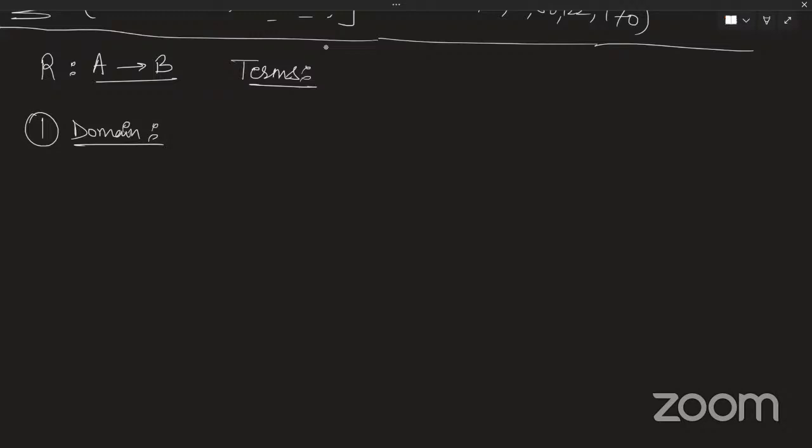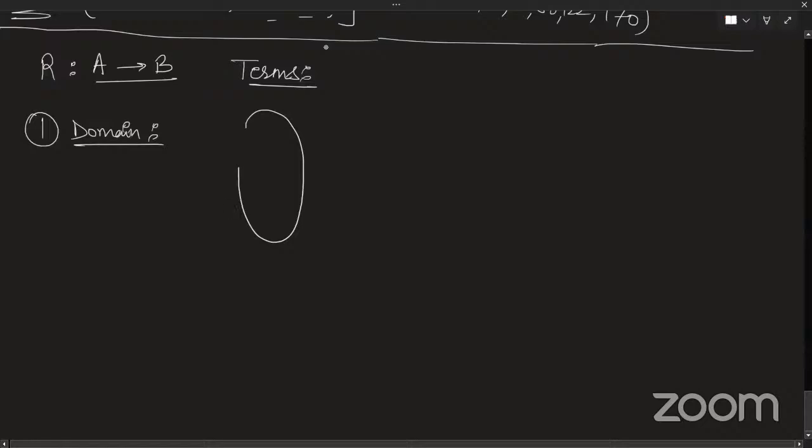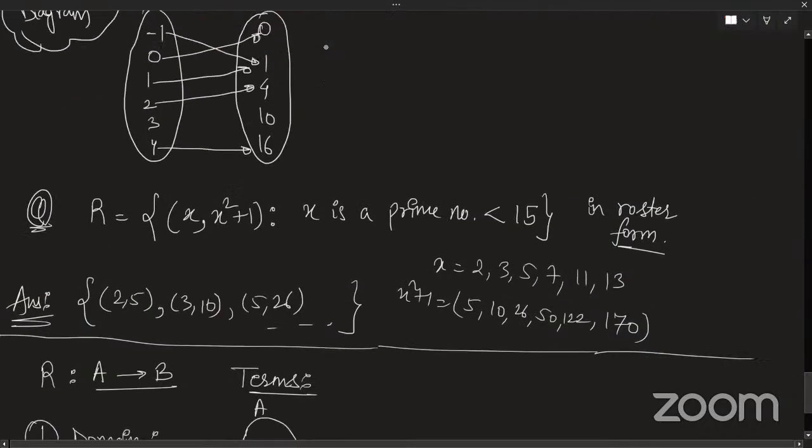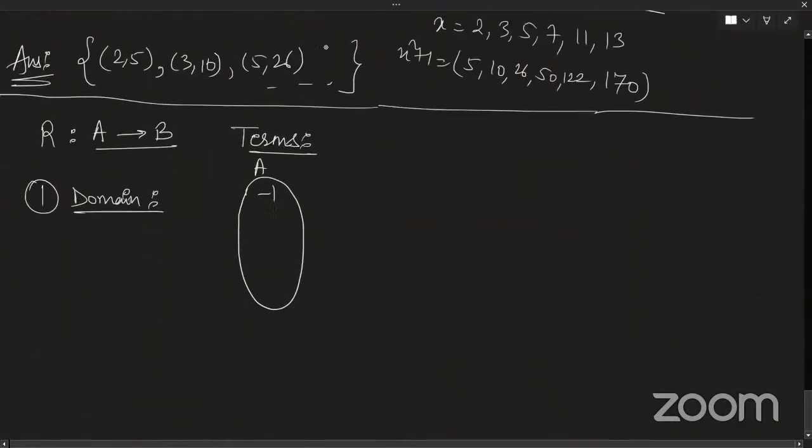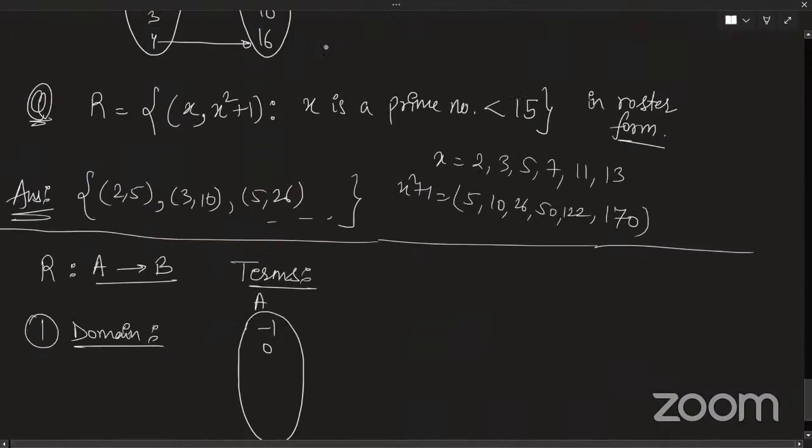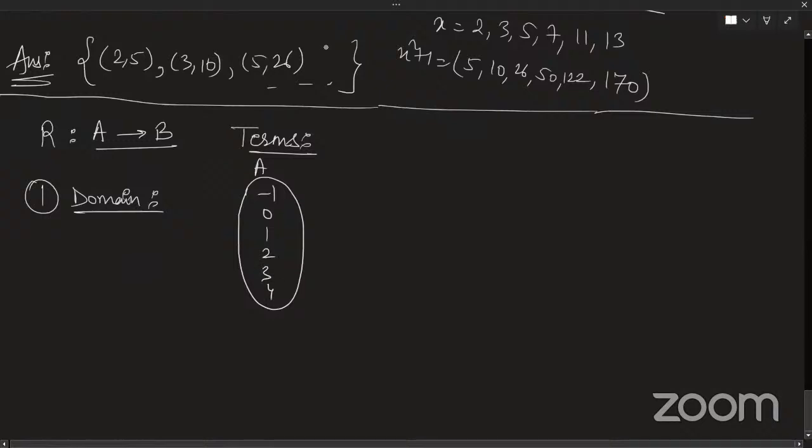Basically, just take it this way. For example, I have this set A: minus 1, 0, 1, 2, 3, 4. When I was writing in this form, an arrow was originating from -1, from 0, from 1, from 2, and from 4 also.